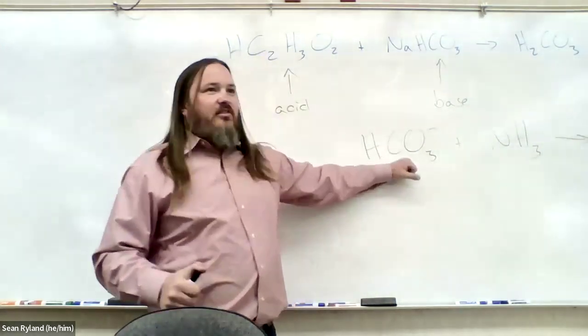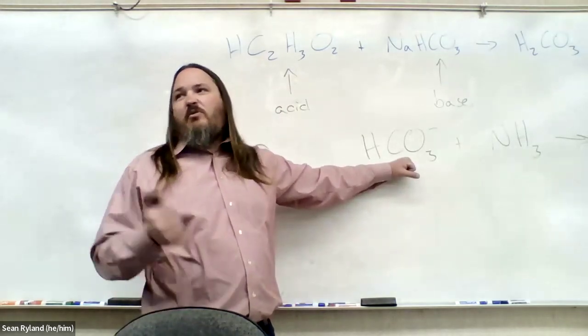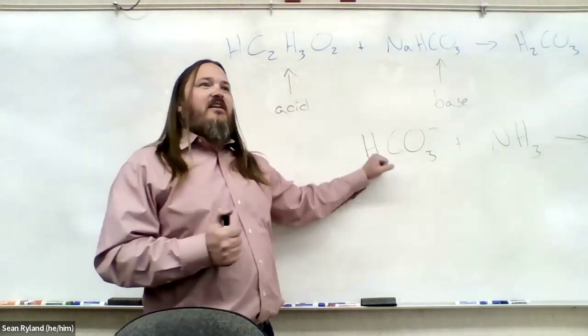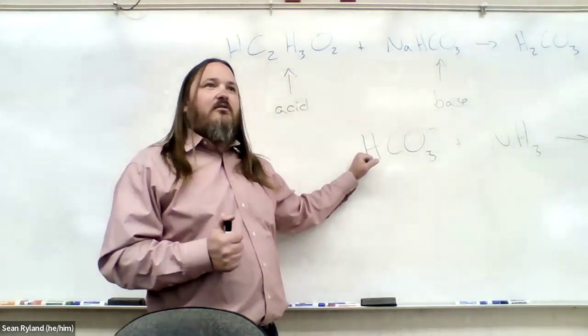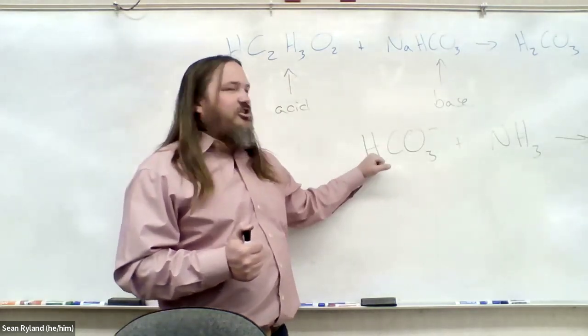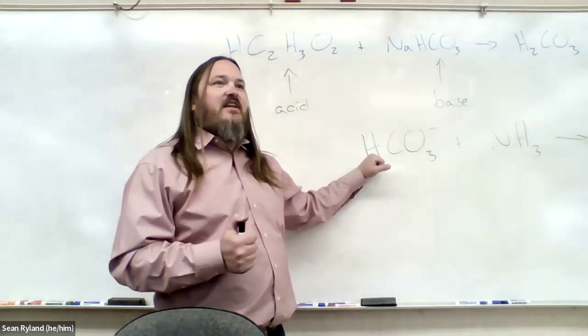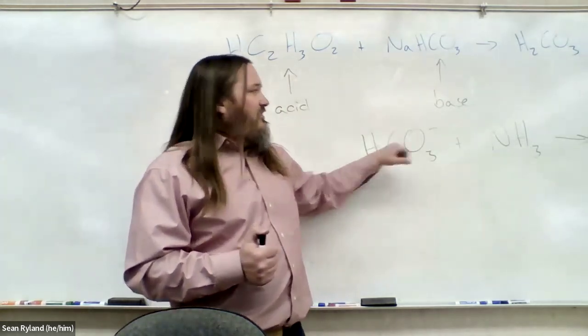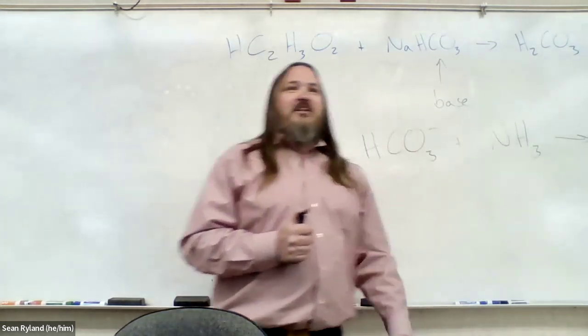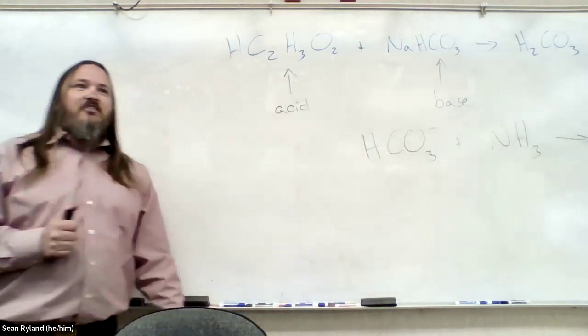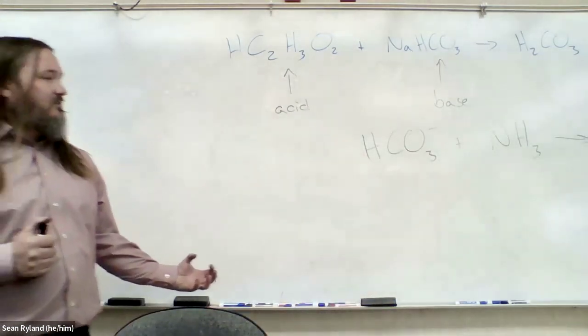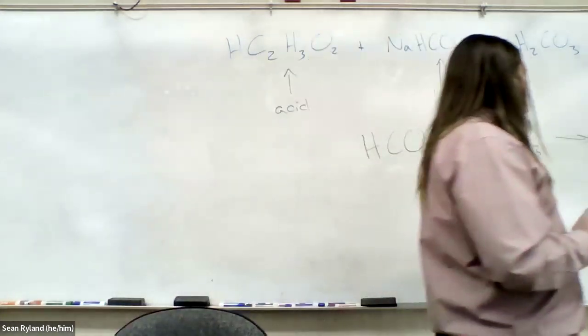We wouldn't necessarily think to name this as an acid. In fact, we wouldn't name it as an acid, but it has a hydrogen ion it can give away. And if it can give away a hydrogen ion, that's acting as an acid. And in this case, ammonia can accept an H plus. If it accepts an H plus, that makes it the base.